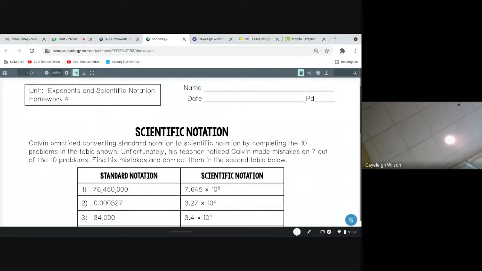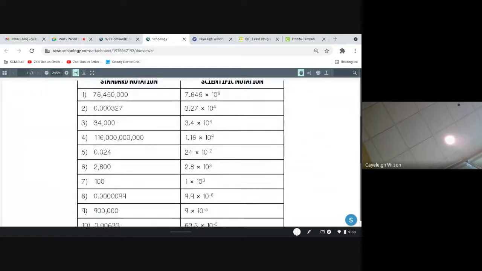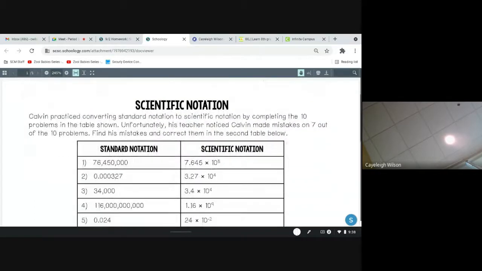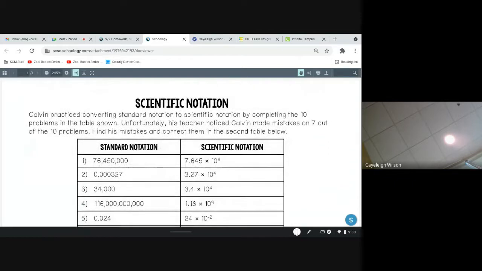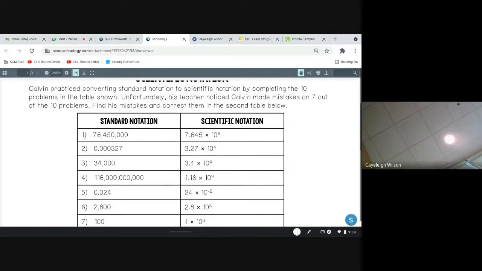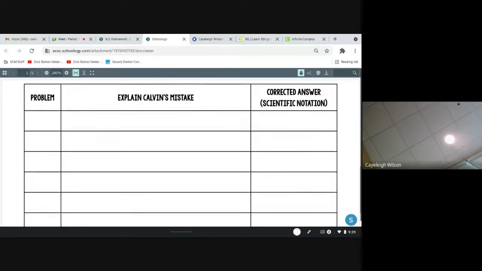Okay, so they give you, it says Calvin practiced converting standard notation to scientific notation by completing the 10 problems in the table shown. Unfortunately, his teacher noticed that Calvin made mistakes on 7 of the 10 problems. Find his mistakes and correct them in the second table below.